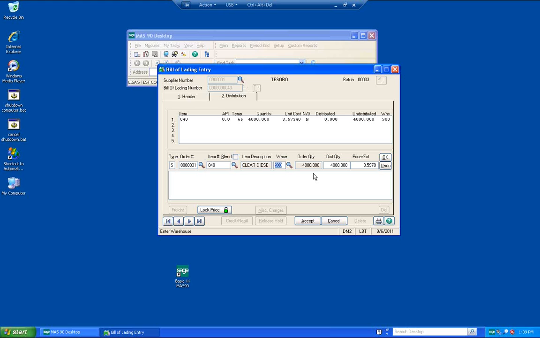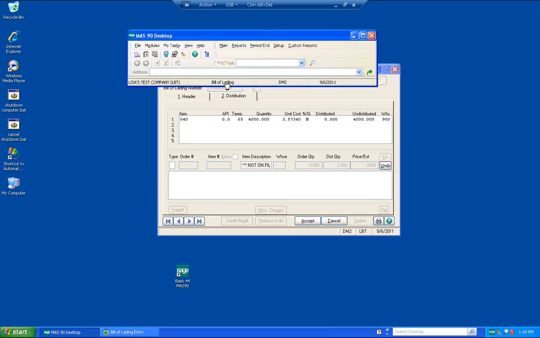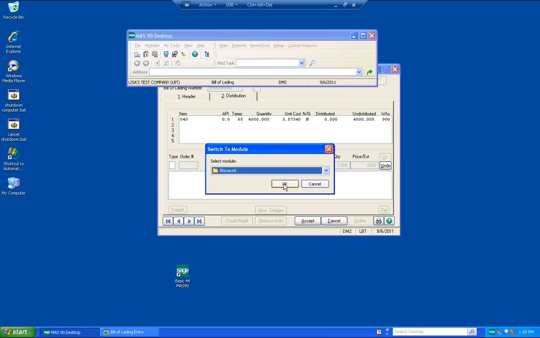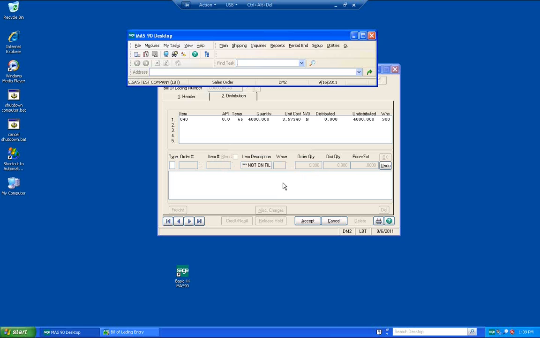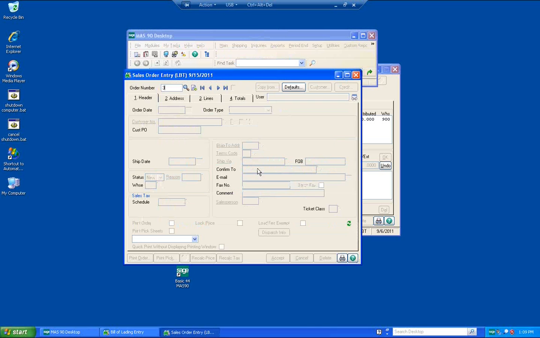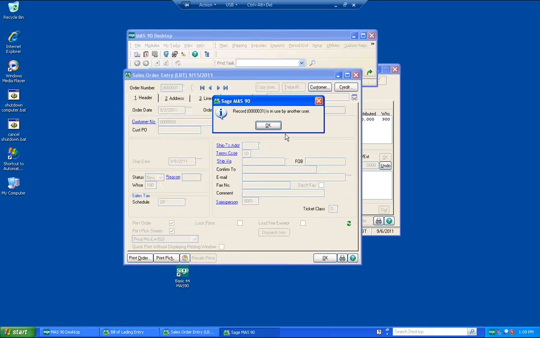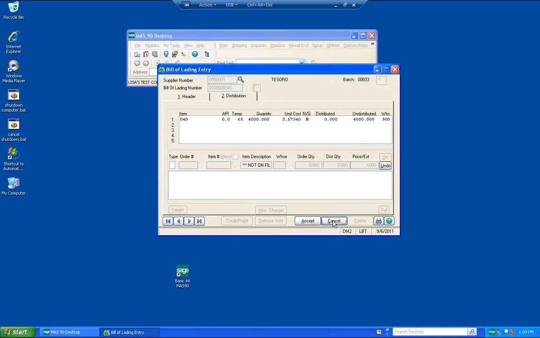Watch what happens when the user tabs or enters over to the price field. Oh, well, good. So let's go back and look at our order again. Cancel my bill of lading.